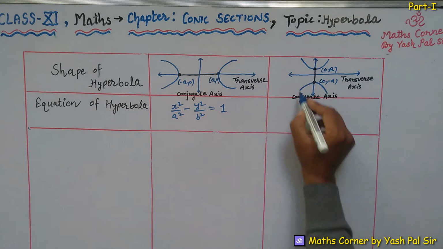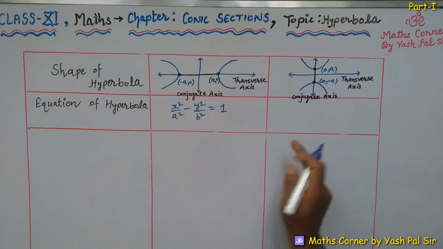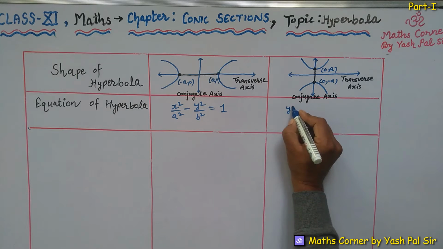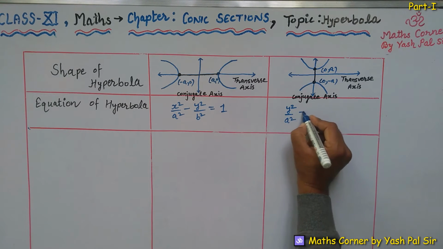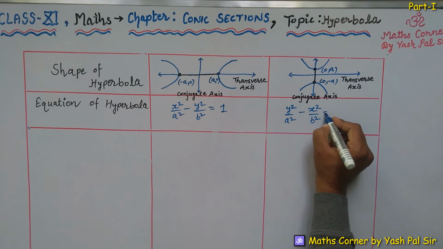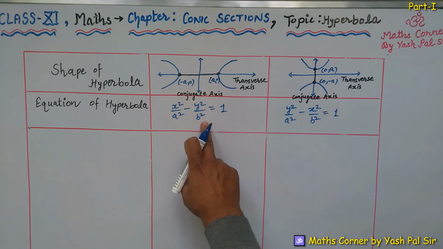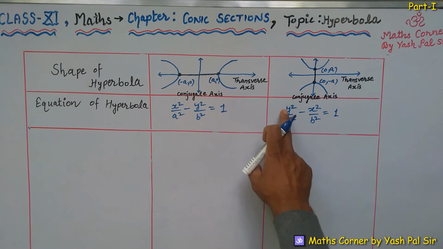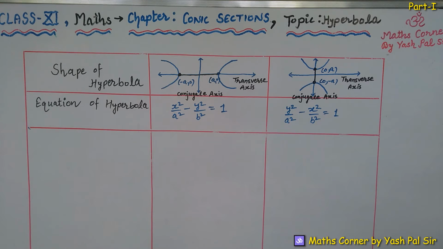So the equation of the hyperbola will be y square upon a square minus x square upon b square is equal to 1. The minus symbol is there.